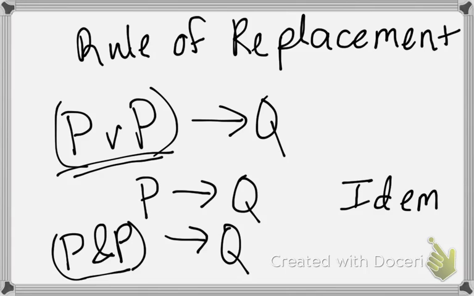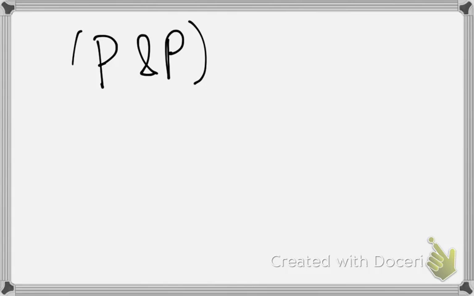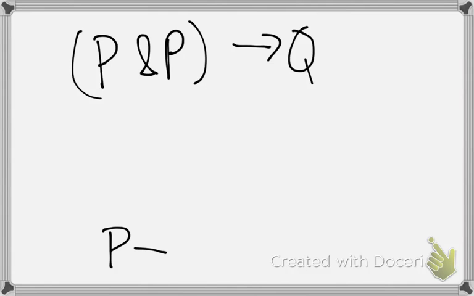It doesn't have a lot of role to play, but every now and then it's a super useful little rule to have. So that's why we have it in our rule set. Suppose we have P and P arrow Q, and we want to get to P arrow Q. If we didn't have the rule of idem, we could get this easily enough.